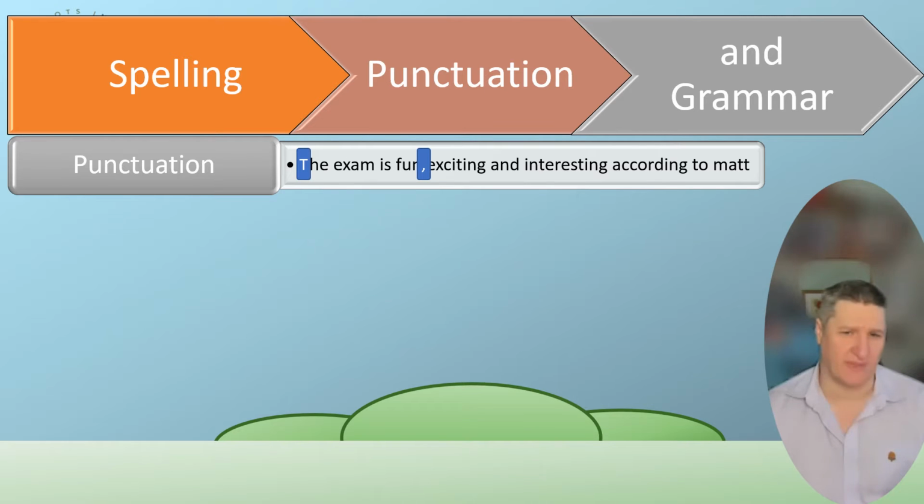We don't put a comma there, unless you want to use the Oxford comma, but that's pointless. And of course, Matt is a proper noun or a name and therefore has a capital M. And how do you end a sentence? That's right, with a full stop, always with a full stop.